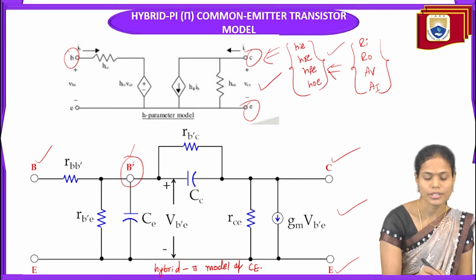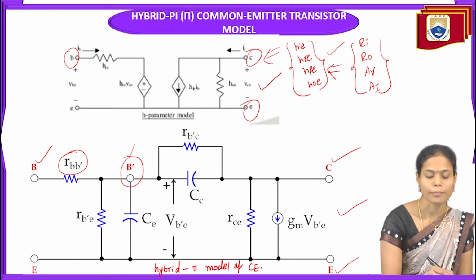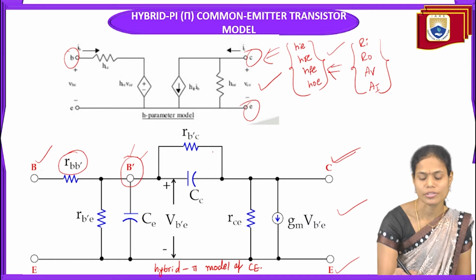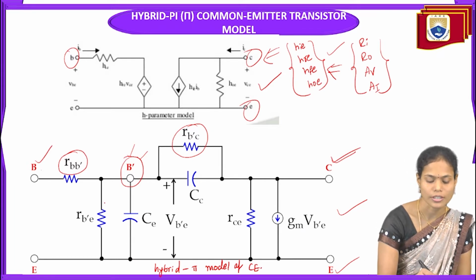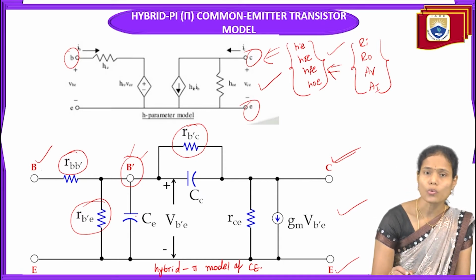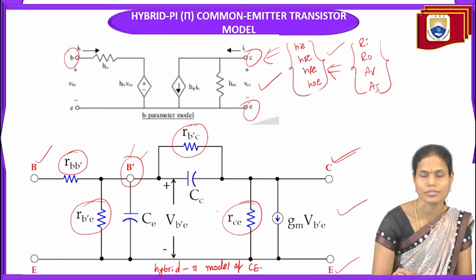Because of this, we get an extra resistance, RBB dash, the base spread resistance, between the base terminal and B dash. Between B dash and the collector we have one more resistance, RB'C, and between B dash and the emitter terminal we have one more resistance, RB'E. And between the output terminal collector and the emitter terminal we have one more resistor, RCE.